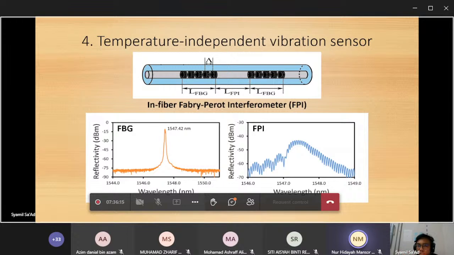The light reflects back due to the grating. When the light is reflected by these 2 grating regions, you create an interferometric region. At the bottom pictures, that is FBG with 1 peak, the normal FBG, and to the right is the comb-like spectrum of the FPI, which we can obtain from the first picture.